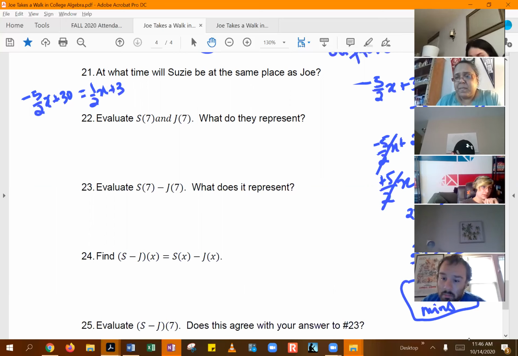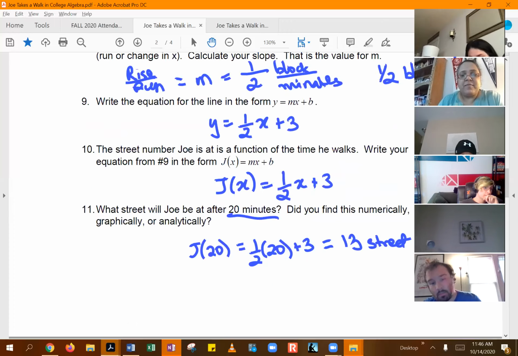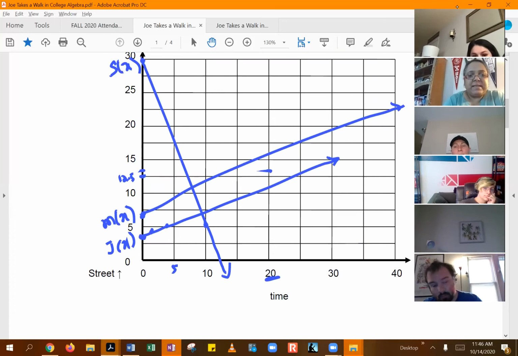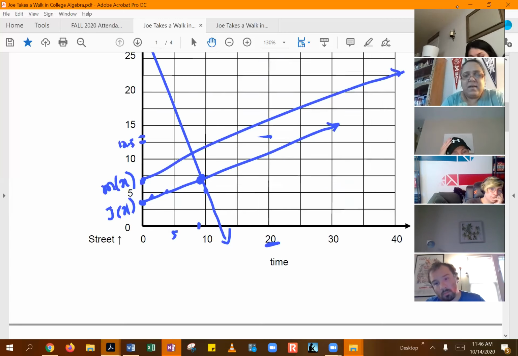I just took the graph and found where they intersected. Yeah, and that definitely works if you have a graph that is accurately drawn over here. So that would basically be where the two graphs would intersect, and you can see we should have 9 minutes, and then at 9 minutes they would be between 7 and 8, and I think that's why you had 7.5 on your answer, Mikhail, I believe.